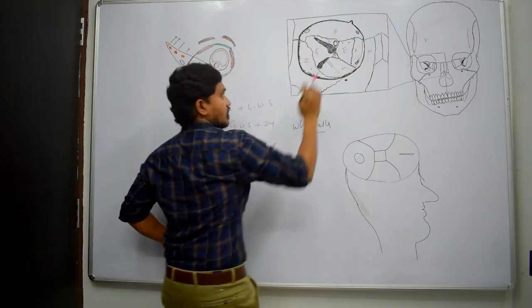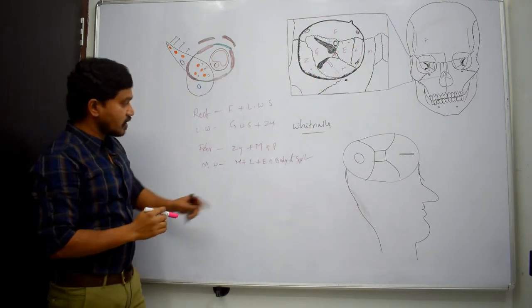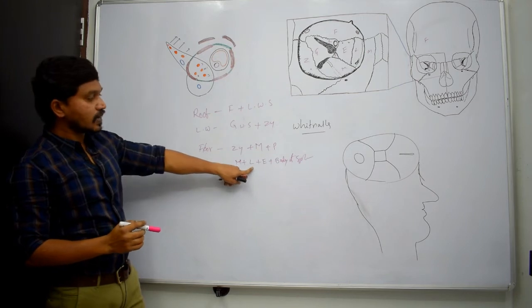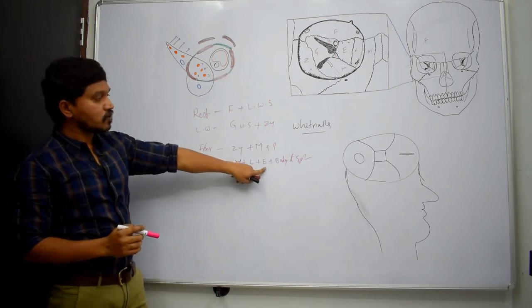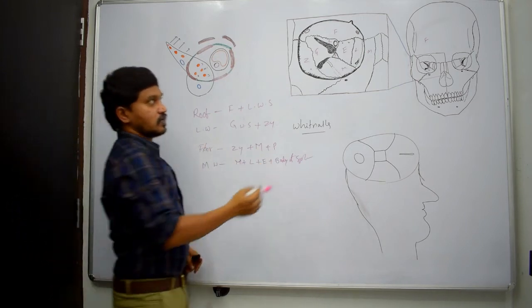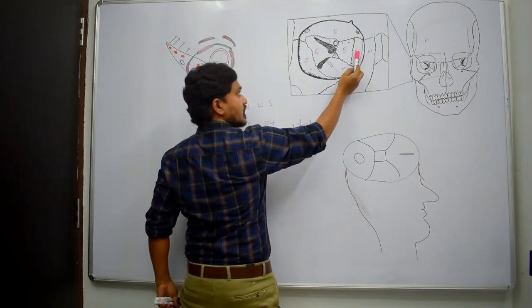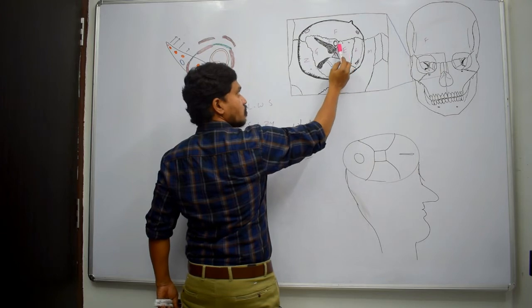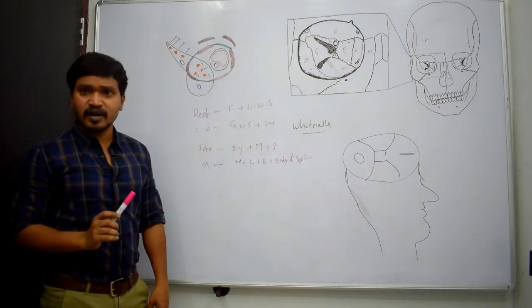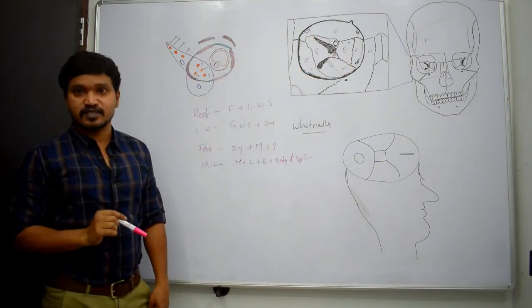This is medial wall. Medial wall is formed by maxilla, lacrimal bone, ethmoid bone, body of sphenoid. See, frontal process of maxilla, and this is lacrimal bone, ethmoid bone, body of sphenoid. Right? What are the special features in it?